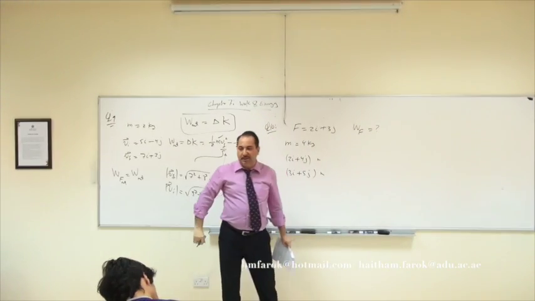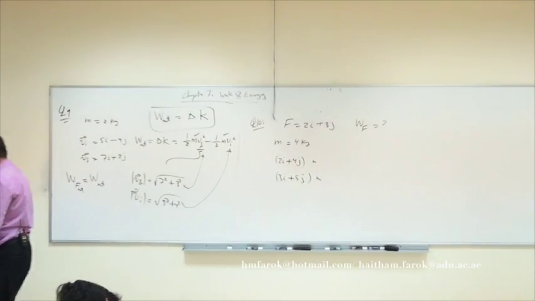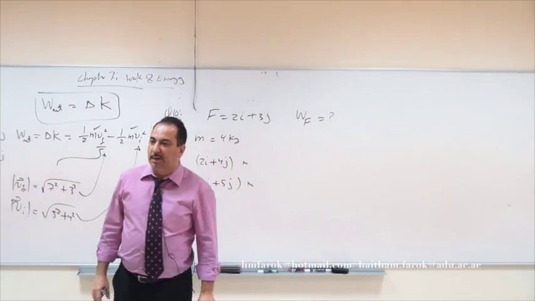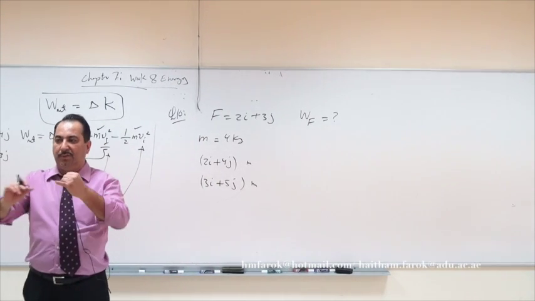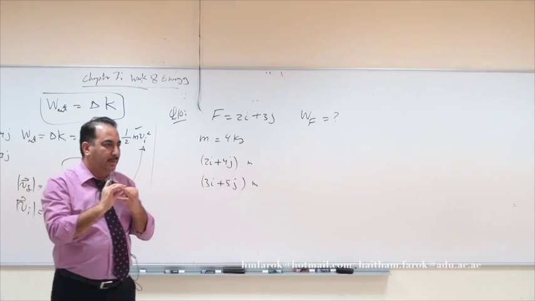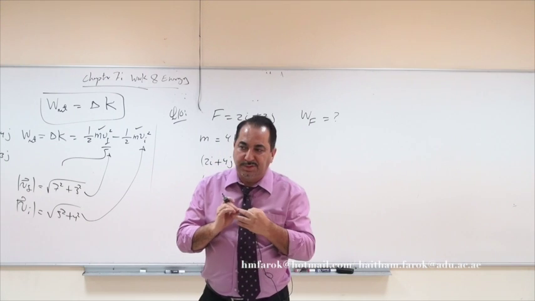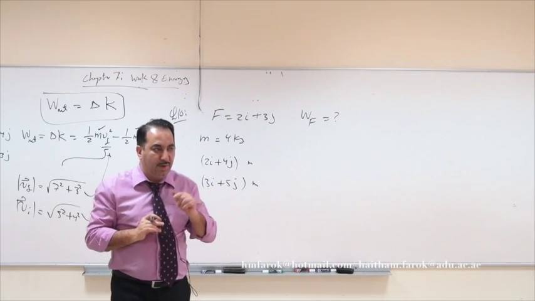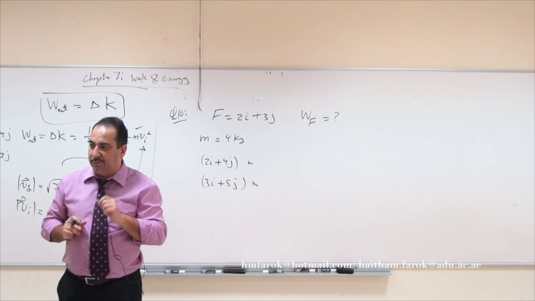All right? Let's see how we can do this. Now, to find work, again, you need 3 things: the force magnitude, the displacement, and the cosine of the angle between the force and displacement. That's one way, if you are dealing with magnitudes.